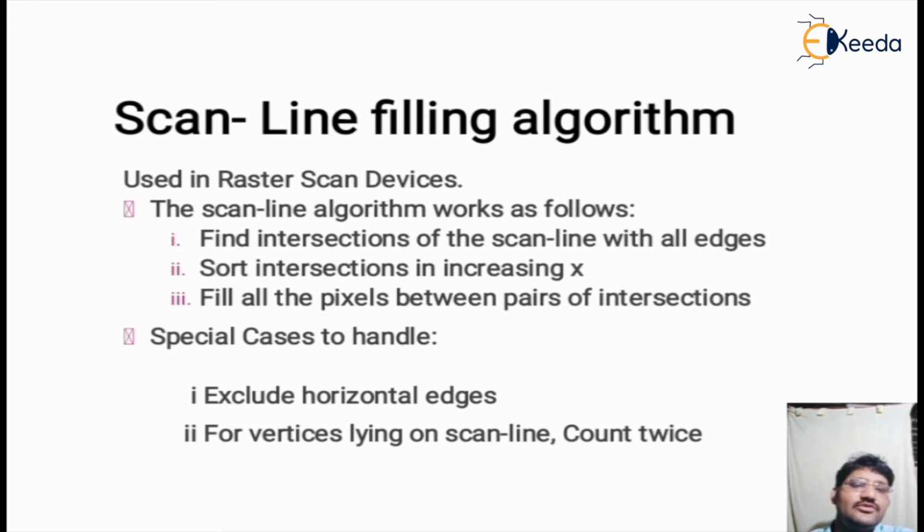These intersection points are stored in increasing order. After that, fill all the pixels between pairs of intersections. The important points regarding scan line are: first, exclude horizontal edges, and second, vertices lying on the scan line should be counted twice.